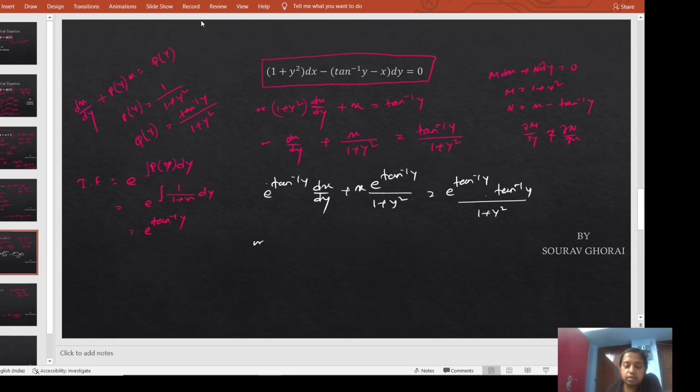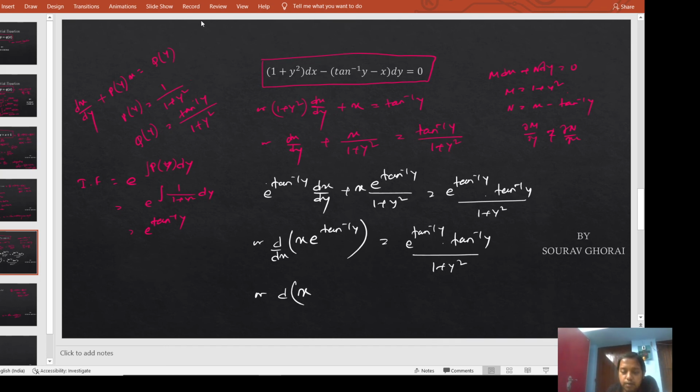On the left-hand side we get d/dy of (x e^(tan⁻¹y)), which is equal to e^(tan⁻¹y) tan⁻¹y/(1 + y²). Now if we integrate, how can we solve this?